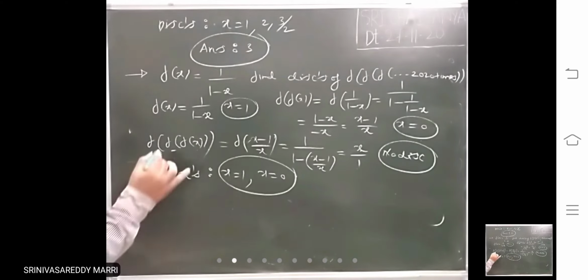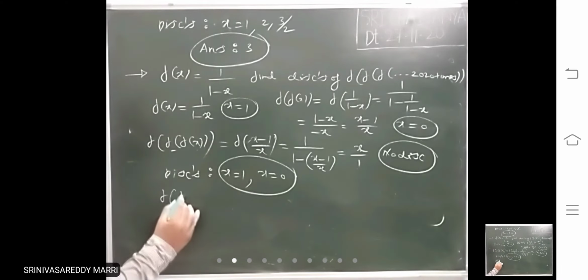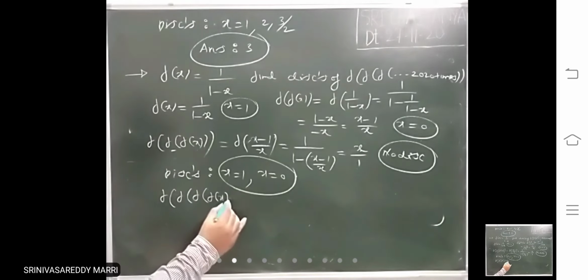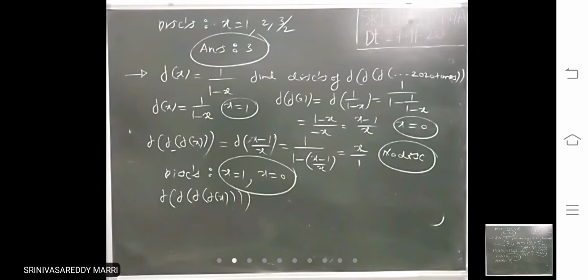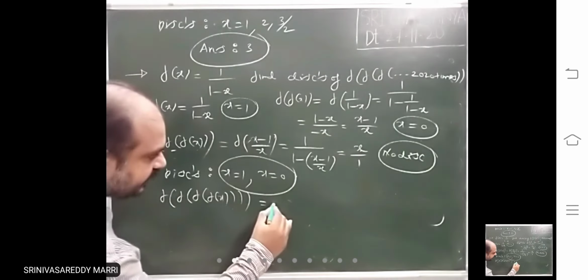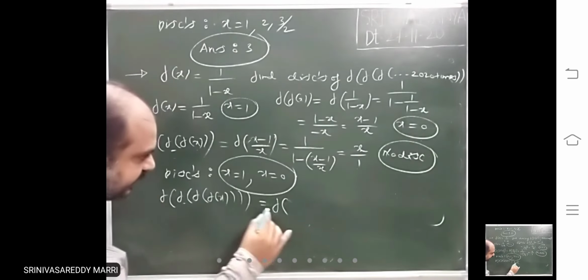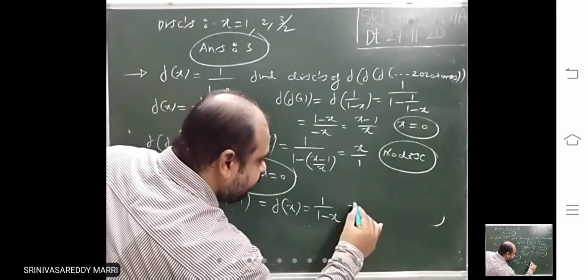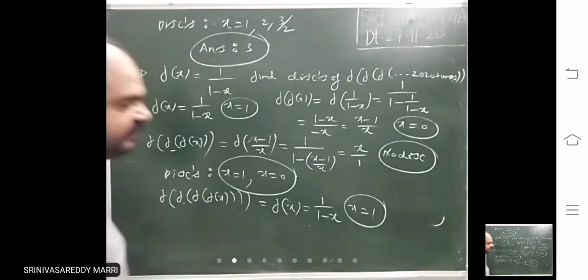Why? Next, if you add one more and calculate, look at what you will get. Still here is x. f of x, when you equate to 0, the same thing you will get again.